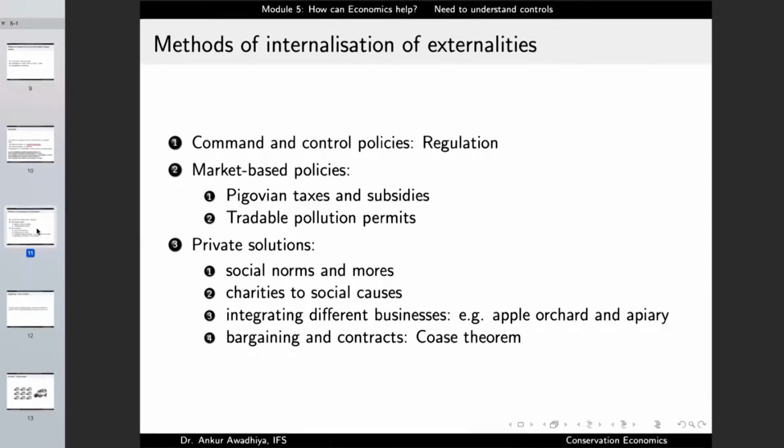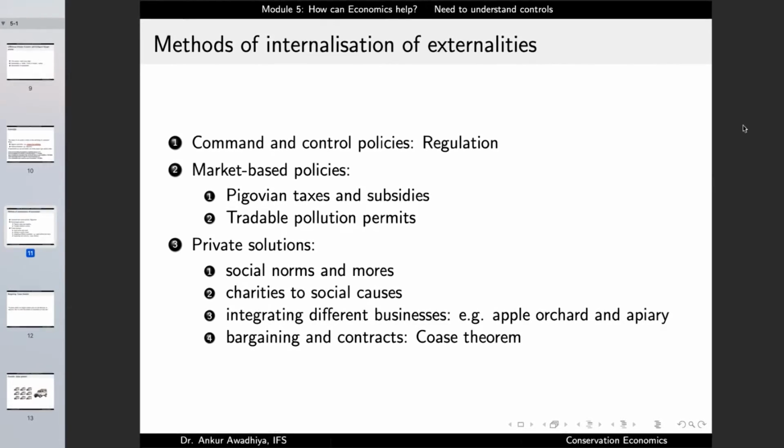Another way of regulation is that if anything goes wrong, the polluter will have to pay. The industrialist would have to pay, and we will make use of the government machinery, the law and order machinery, to ensure that if the surrounding people are harmed, then the industrialist would have to pay. That is another way of regulating things. So, in a command and control government, this is one way of ensuring that the externalities get internalized.